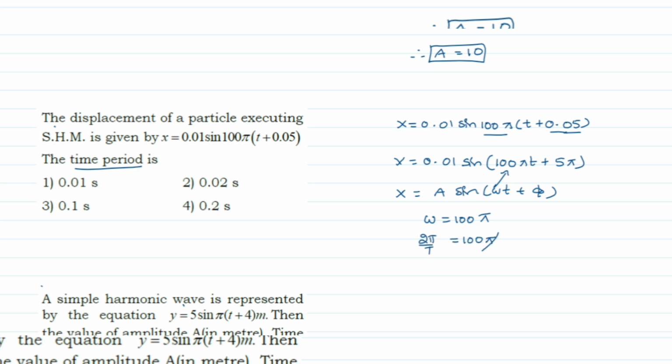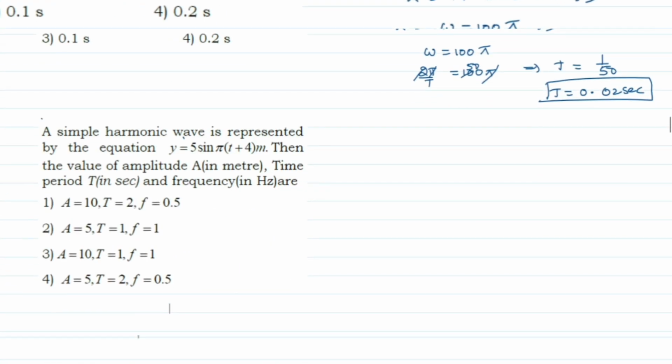The pi gets cancelled, then 2 over 100 is 1 by 50. So the time period T equals 0.02 seconds, which is the correct answer.